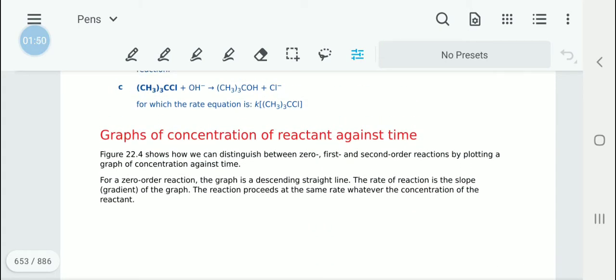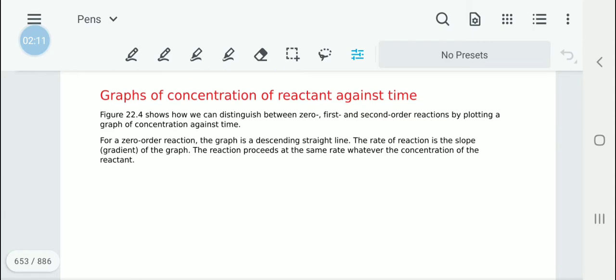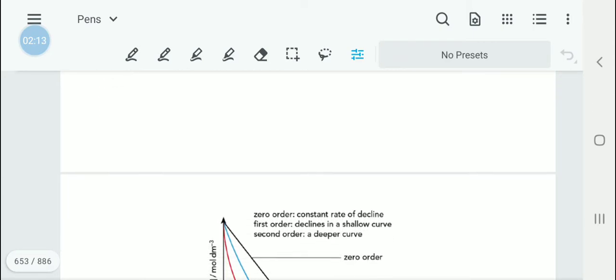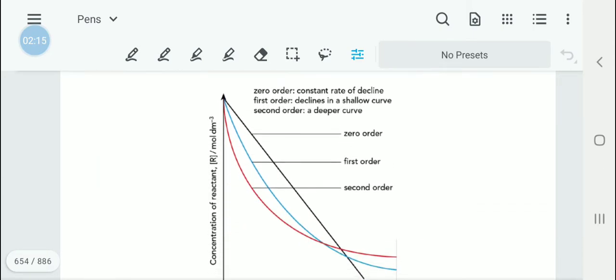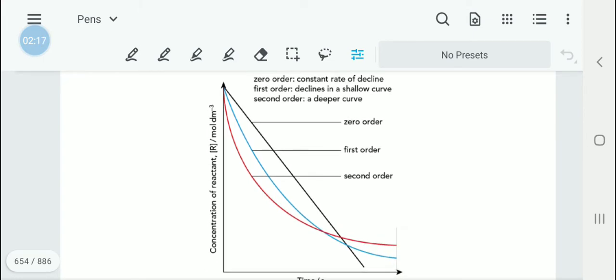Write down number 2, graphs of concentration of reactant against time. When this graph is plotted, we will get the following details.